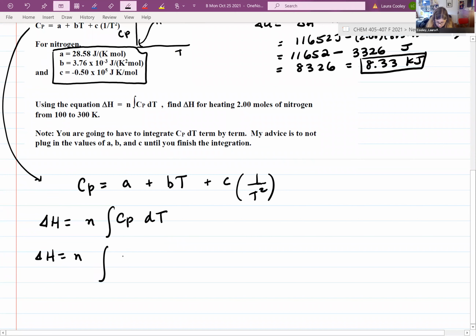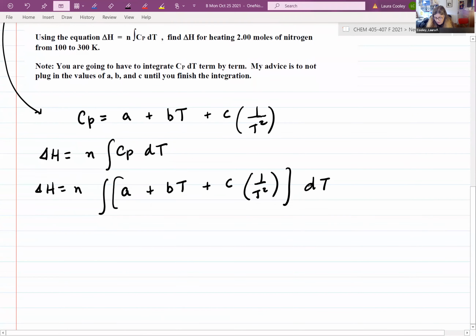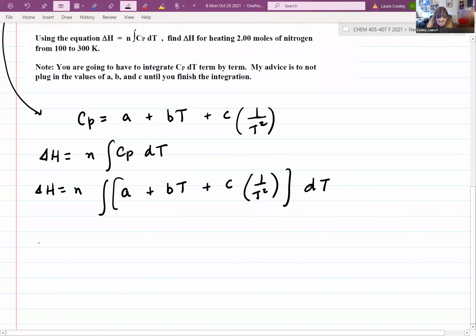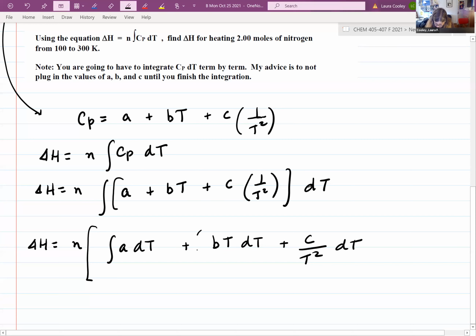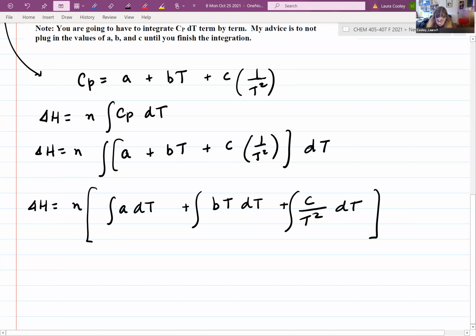So now you have A plus BT plus C over T squared dT. And when you have an integral that's a sum, you separate it into separate integrals. We just call this C over T squared. Okay. So you have 3 separate terms.